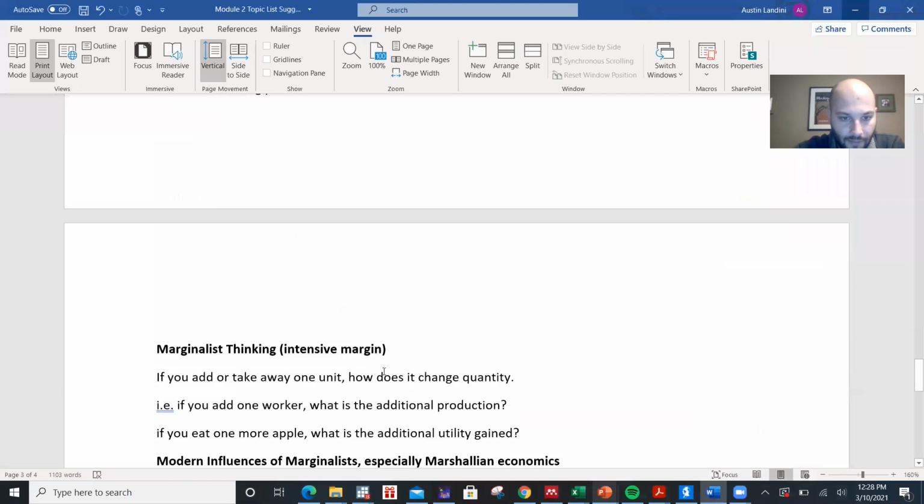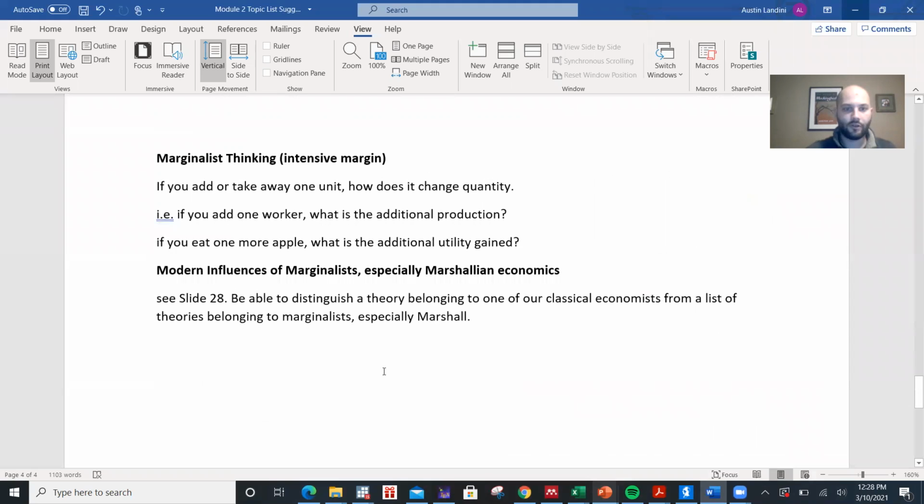Right, so our last topic then out of week 3 is the marginalists and marginalist thinking. I ask ultimately only 2 questions on the marginalists. One is just what is marginalist thinking in general, or what is thinking on the intensive margin? So that's just if you add or take away 1 unit, how does it change quantity? If you add 1 worker, what's the additional production?